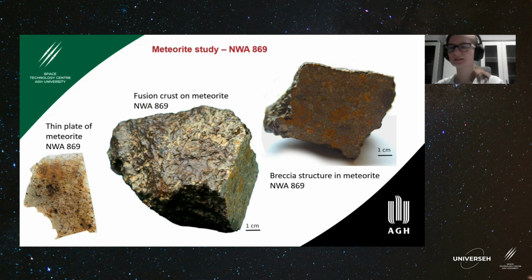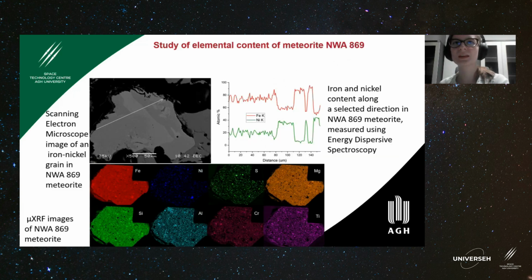Here is this sample. We can see those various minerals present in it. We can see the fusion crust, this leathery brown structure on its surface, and also a thin plate of this meteorite. A little bit of this meteorite was also powdered in order to study its properties.